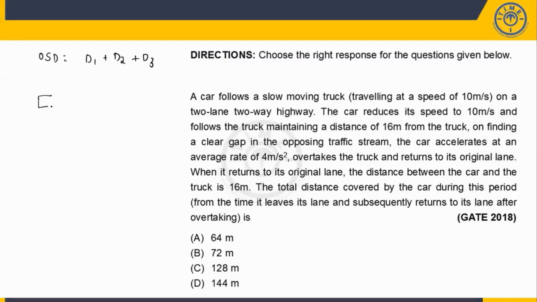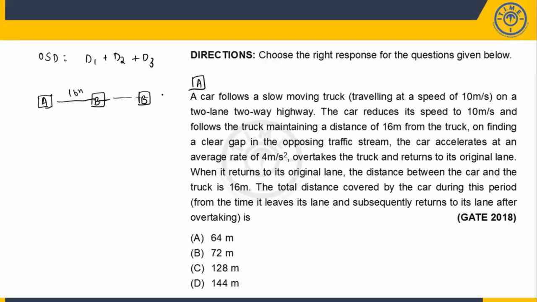Initially car A is here, truck B is here. During the overtaking operation, truck B travels from this distance to this distance. After overtaking, car A comes again to this position.